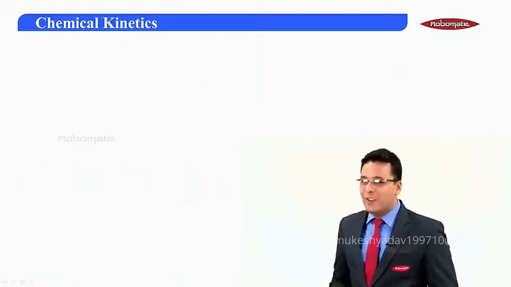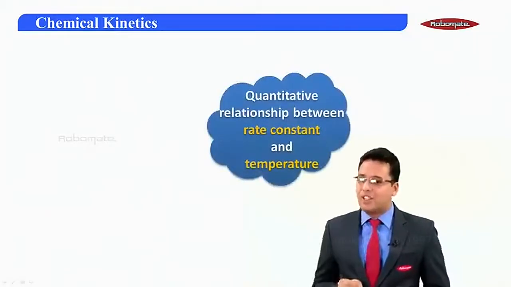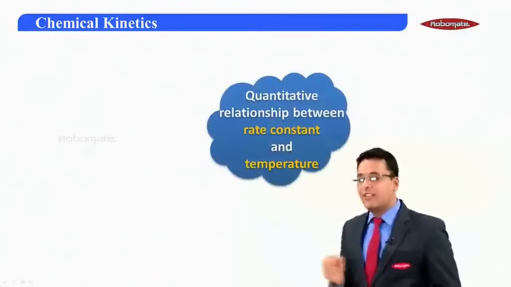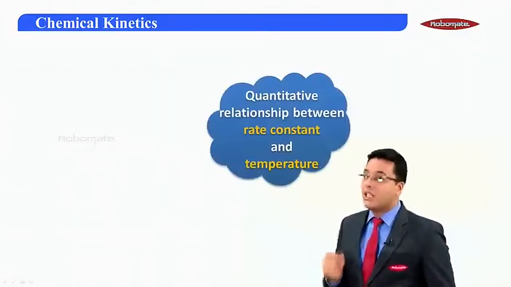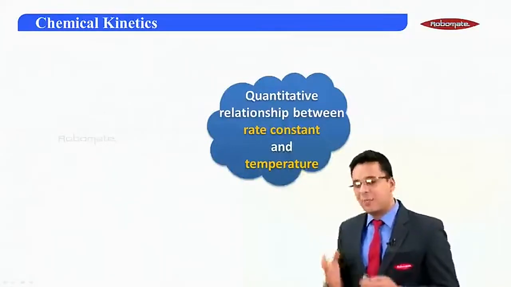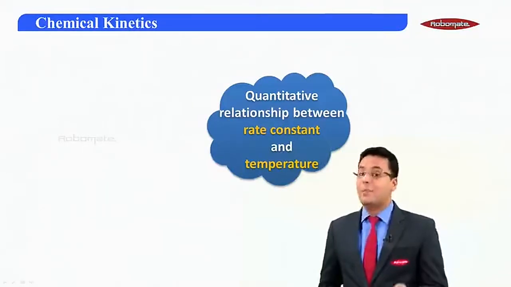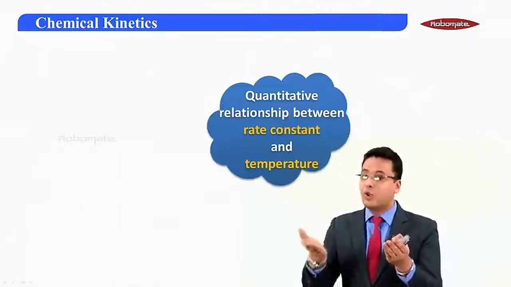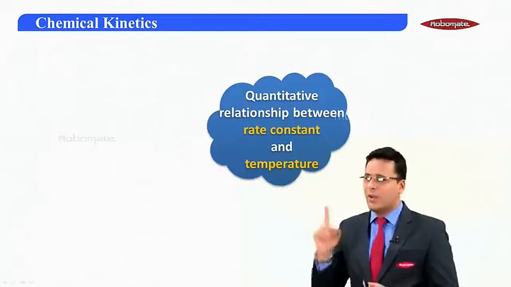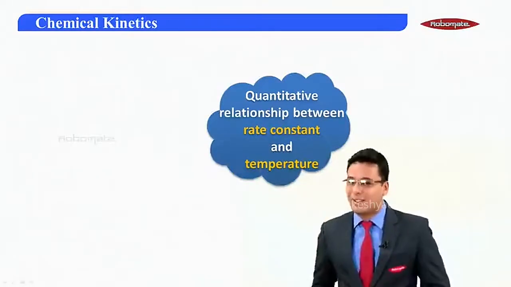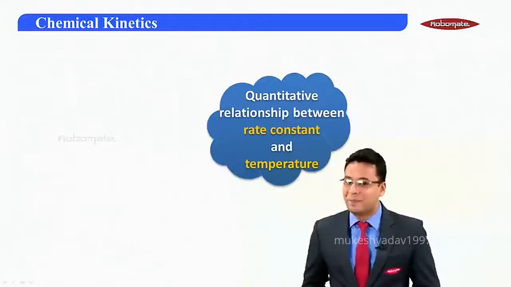But we did not see the quantitative relationship between rate constant and temperature. It was just a theoretical discussion that if temperature increases, then rate increases, so rate constant increases. We did not have a mathematical equation which could justify the same.